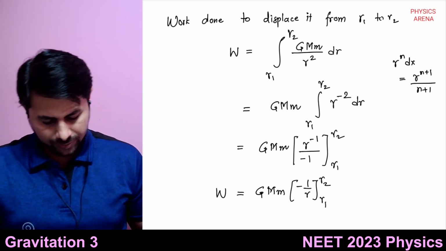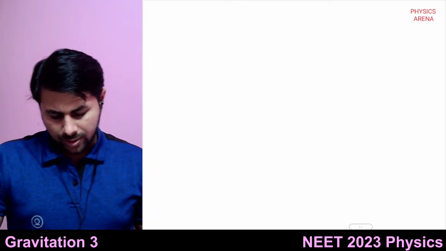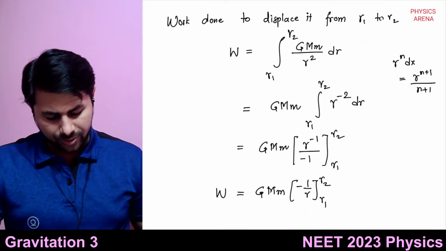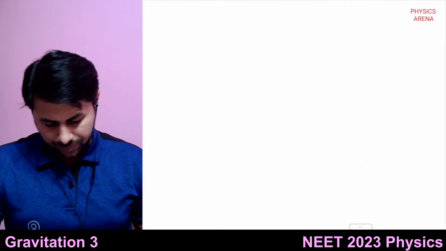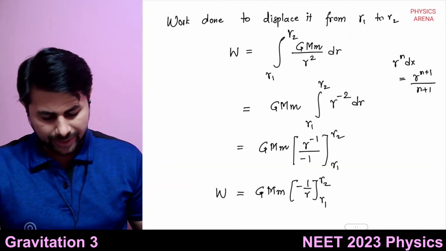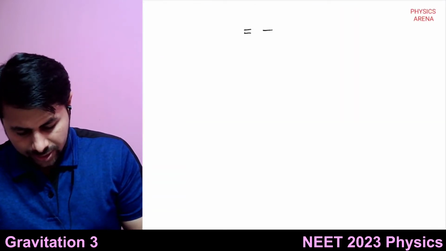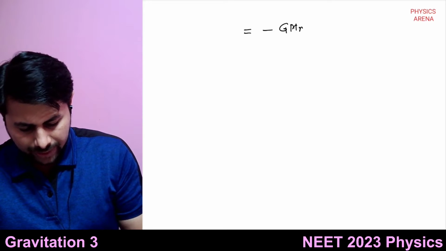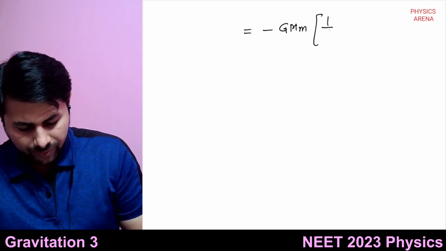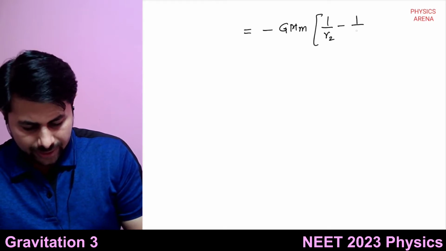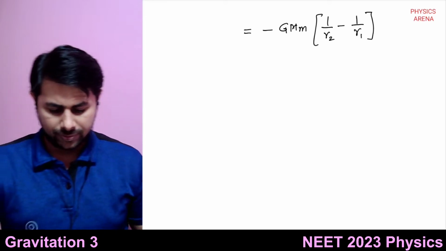Okay, so we'll substitute the values of r1 and r2, but I will take that minus sign outside. It is minus of G times Mm multiplied by 1 upon r2 minus 1 upon r1.